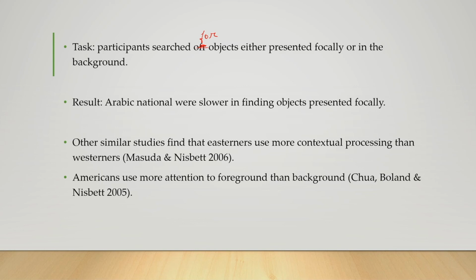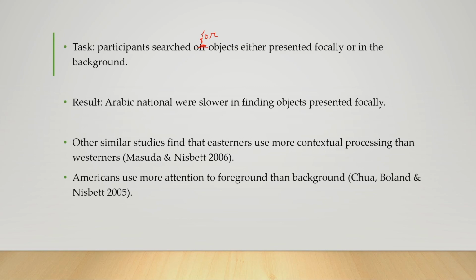Sometimes the objects were presented focally in the foreground, sometimes in the background. They expected that British people would find objects in the foreground more easily than Arabic speaking people, and that Arabs would be better at finding objects in the background because of the dispersed attentional mechanism.